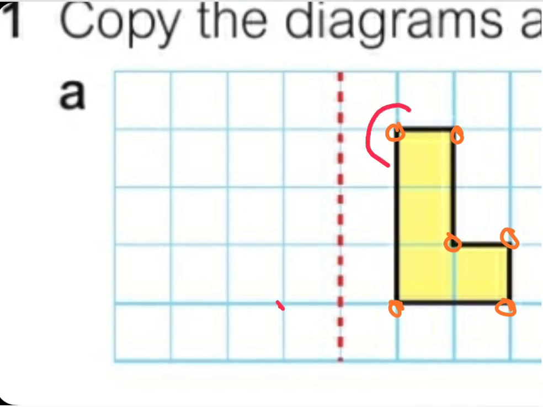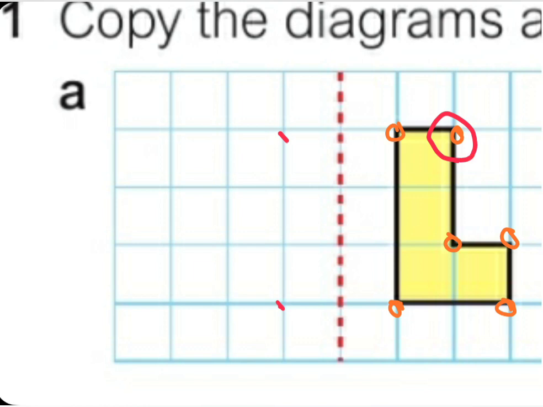Let's take a look at this point. The distance between this point and the mirror is one box, or 1 centimeter. We measure the same distance here, and we put the point. Very good. Let me put it here. Yes, good. Now, same idea.